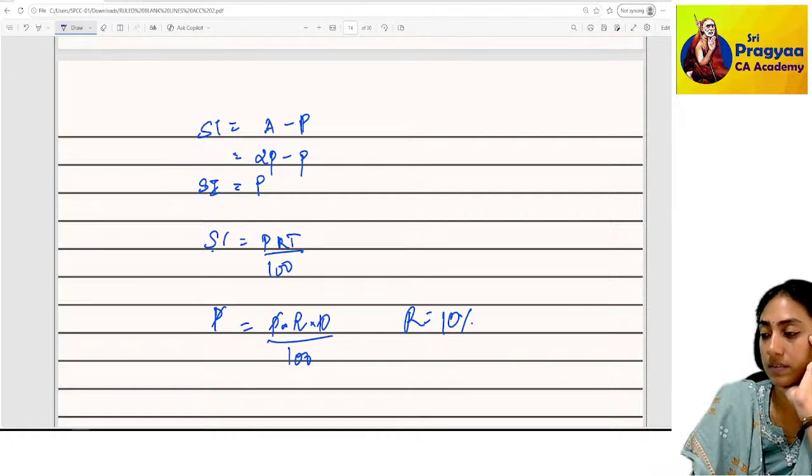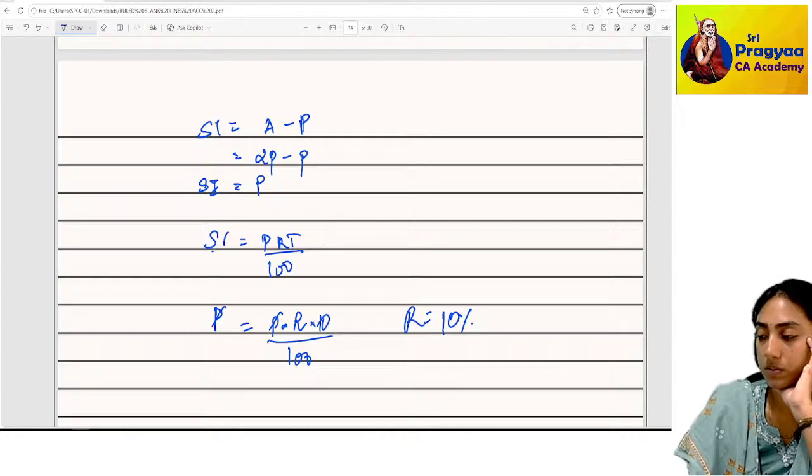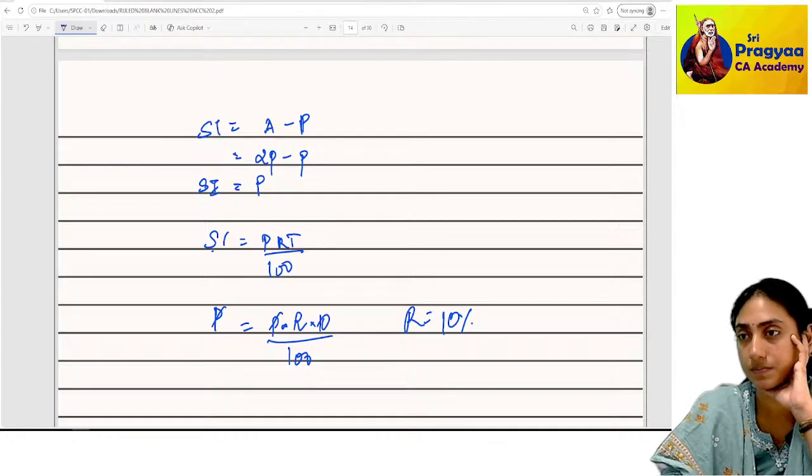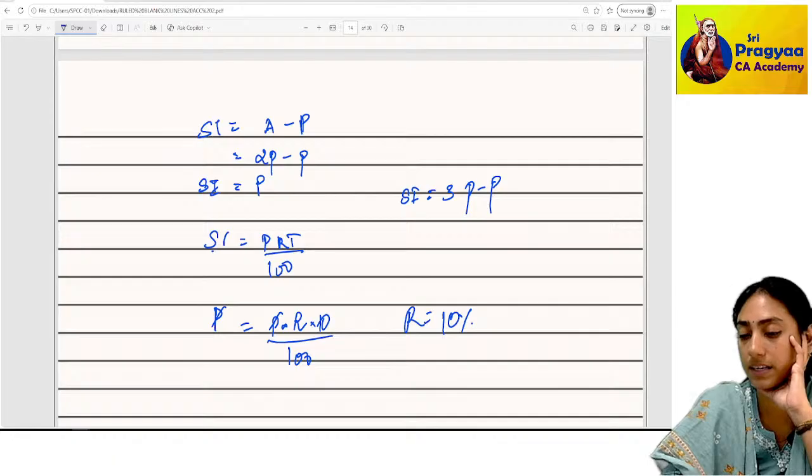சரியா 20 years. இப்போ இல்ல, இப்போ என்ன question என்ன? 3P minus P. Correct? Which is 2P.